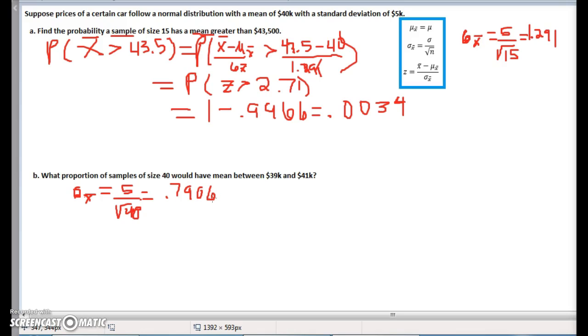So now, what's the proportion or the probability that the sample mean, like I said, is between 39,000 and 41,000? So that is the probability 39 less than x bar less than 41.